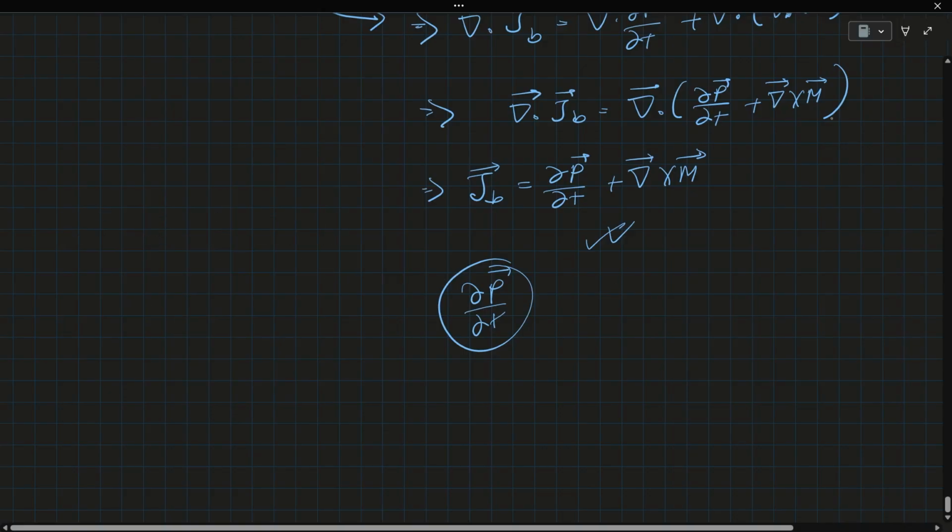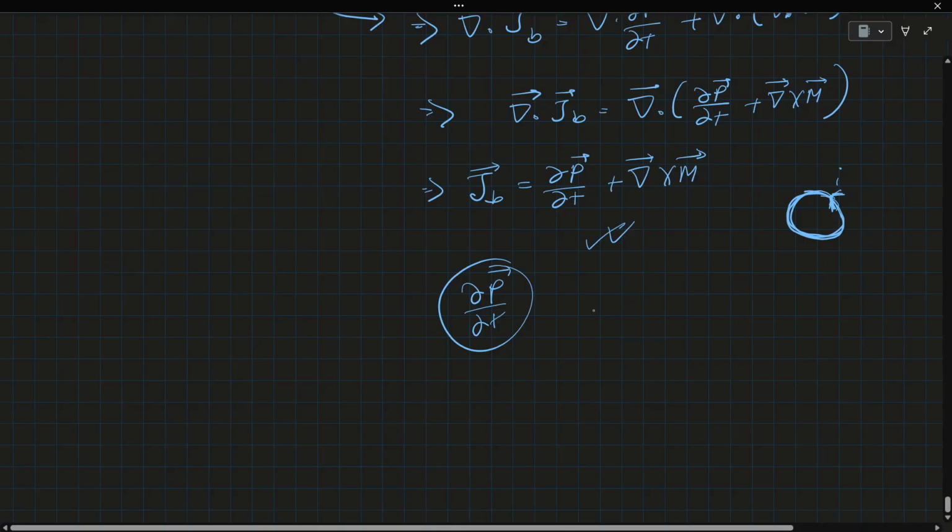Let's say there is a current I in a circular conductor. This current is in a closed loop, so in this closed loop the current is divergence free.